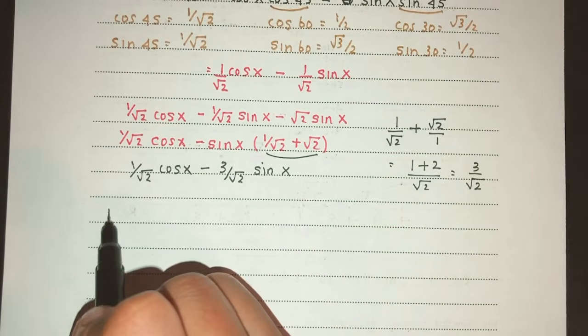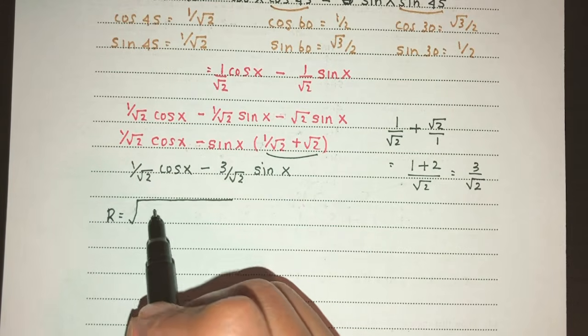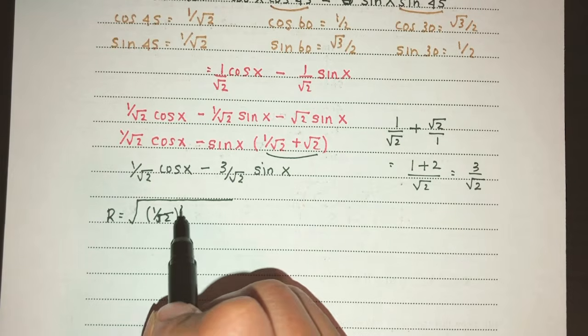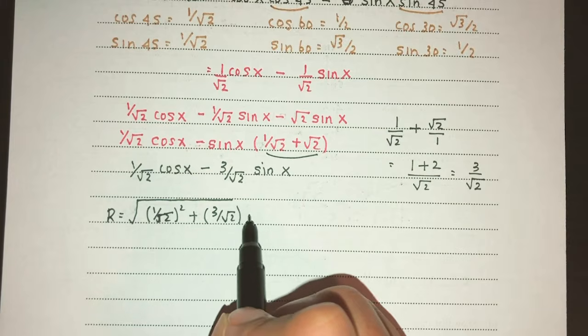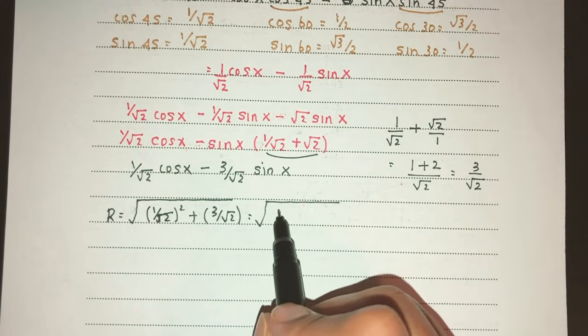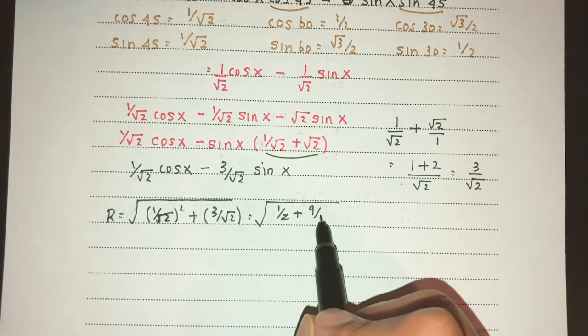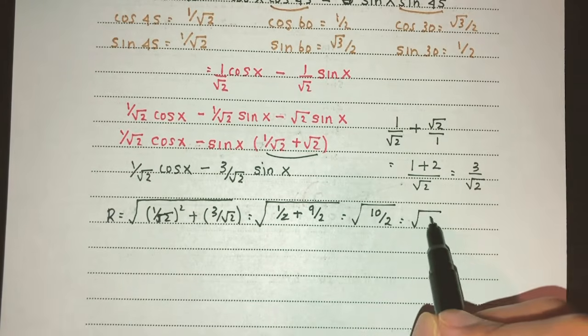Now the value of r is always going to be the square root of the square of the first value plus the square of the second value, that is 1 over 2 plus 9 over 2. That will be 10 over 2, and that should be root of 5.